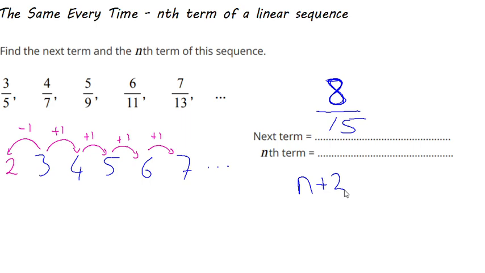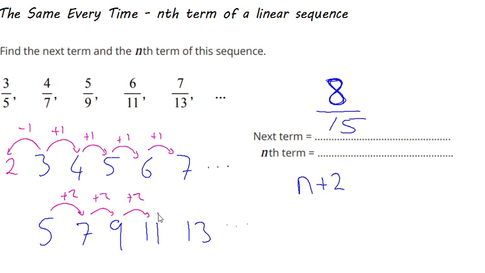Looking at the sequence along the denominators, the bottom numbers, 5, 7, 9, 11, 13. So again, the first thing we have to do, look for the difference, add 2, add 2, add 2, add 2.